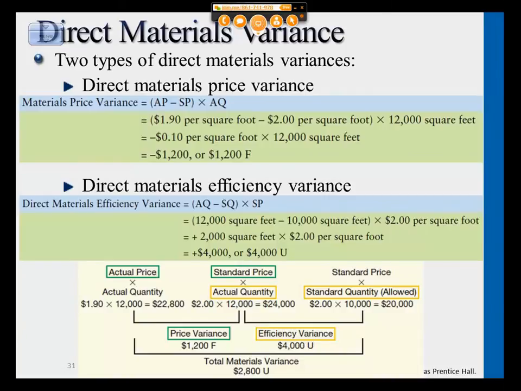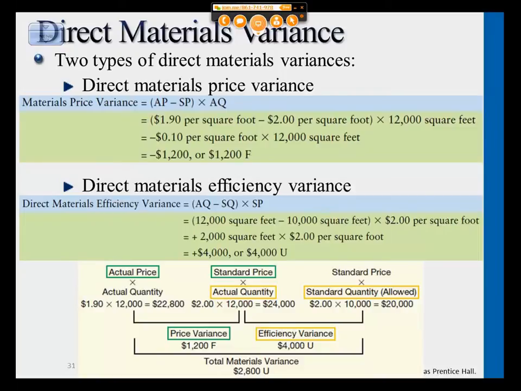Okay, so let's look at the little table that I showed you a little while ago. I have actual price, actual quantity, and I found that it's 22,800. We're looking just at our price variance, the left side. And then I also have my standard price multiplied by actual quantity, which is $2 by 12,000, gives me 24,000.